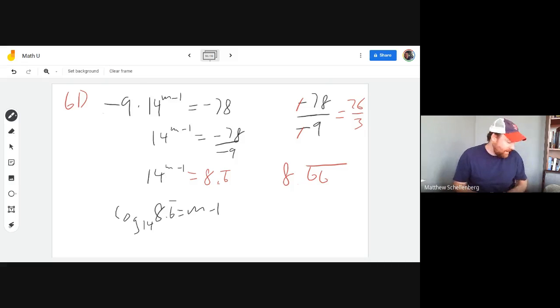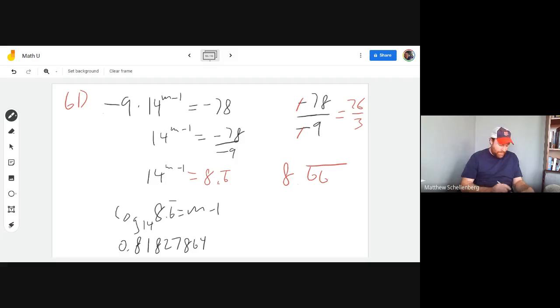And I get 0.81827864. Okay, I know they didn't want it that far. Let's see what they had. They had to the nearest 10,000th. So I always get these confused.